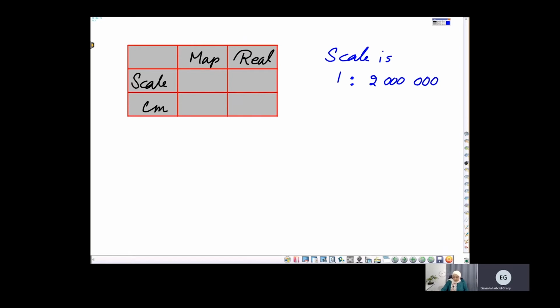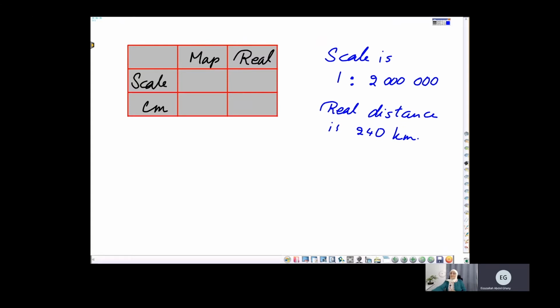And the real distance between Cairo and Alexandria is 240 kilometers, for example. We learned before in the steps of kilometer, meter, centimeter: 3 zeros, 2 zeros, 1 zero.